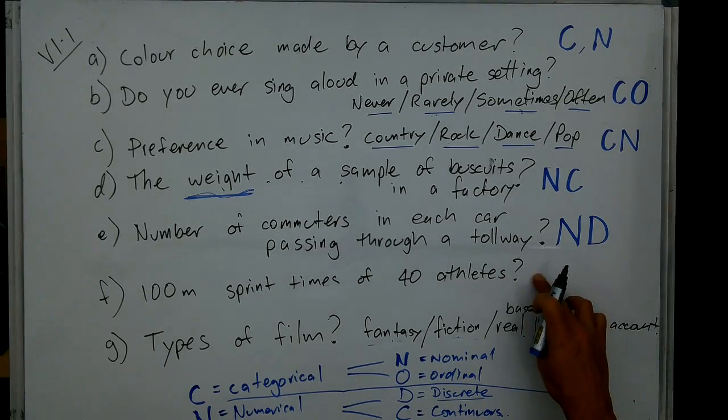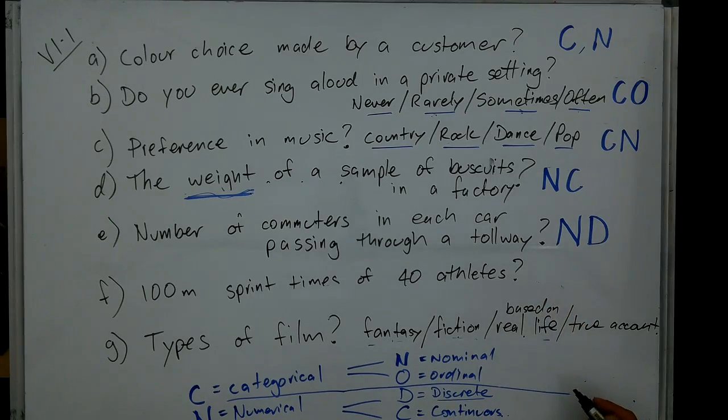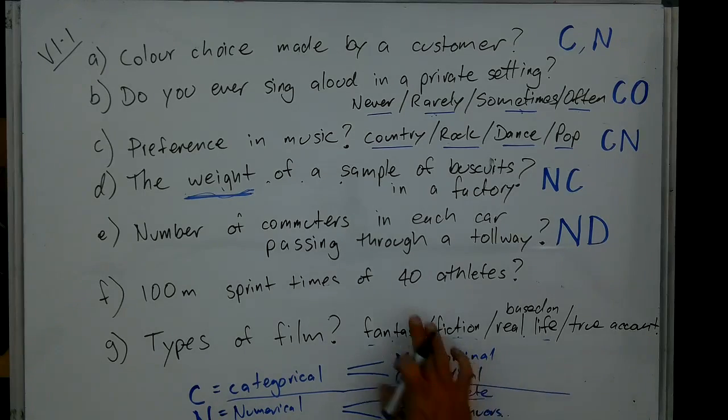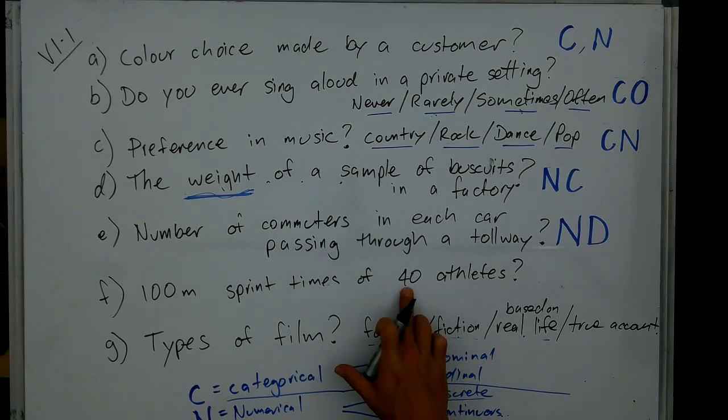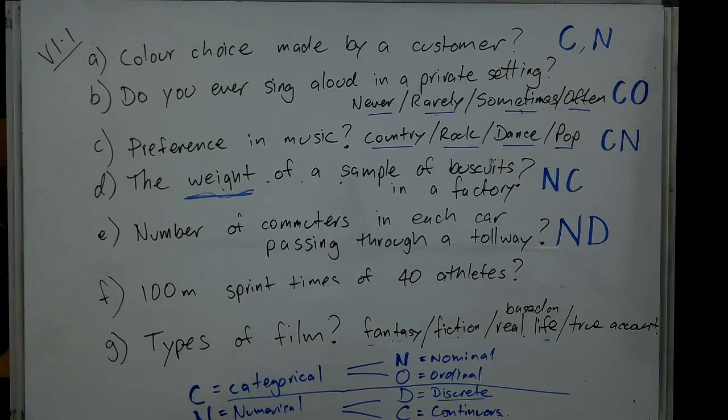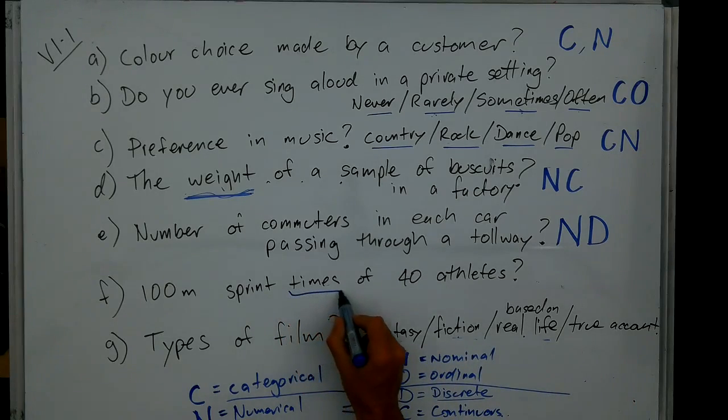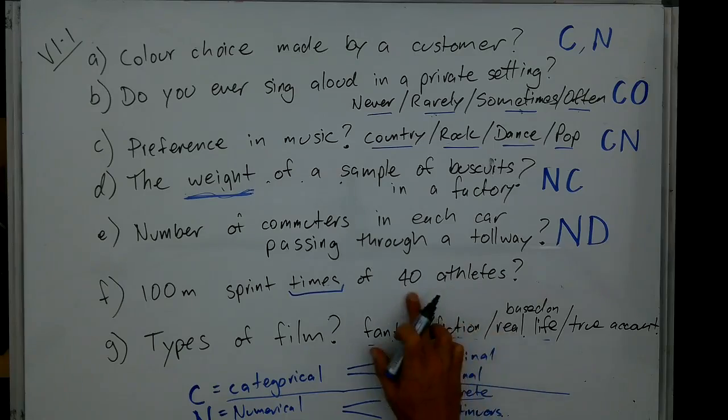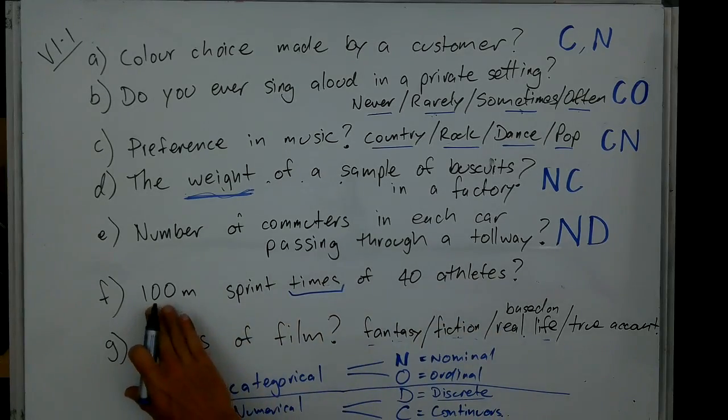The next question, F. The times of 40 athletes over a 100-metre sprint are measured and recorded. So we've got a number here, 40 athletes, but we have to recognize that and ask ourselves, what is the actual data being recorded? And it is the times that each of these athletes took to run 100 meters.